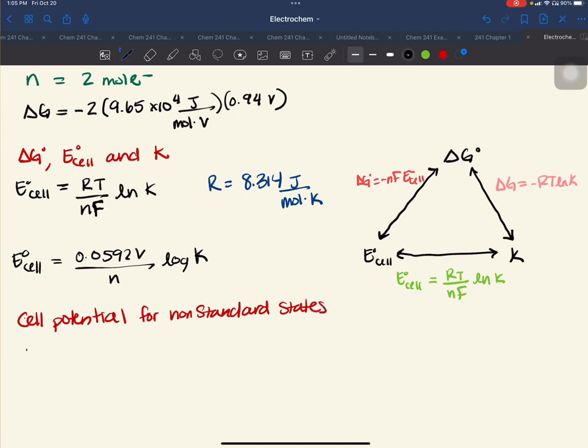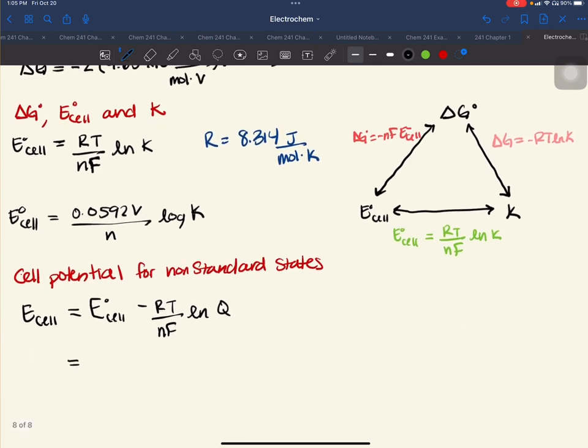So E cell is going to be equal to the standard E cell minus RT over NF natural log of Q. So another way to represent this, if you want to take out the constants, is you would still have E cell minus 0.0592 volts over your moles of electrons times the log of Q. Notice that when we use that constant 0.0592, it changes to a log, and it is not a natural log anymore.